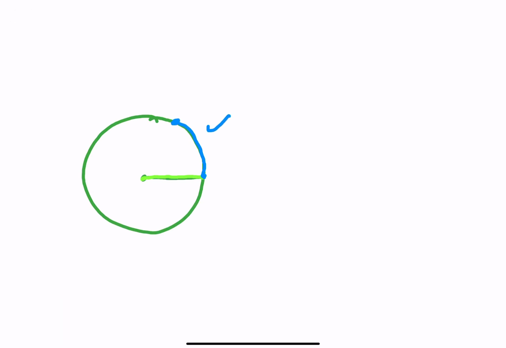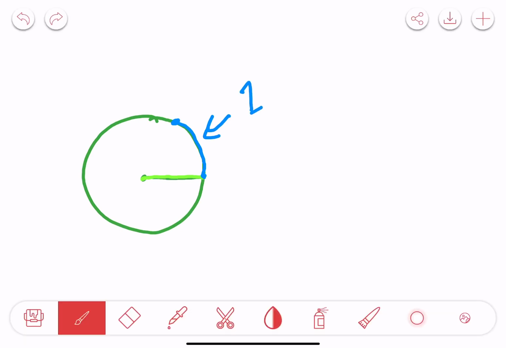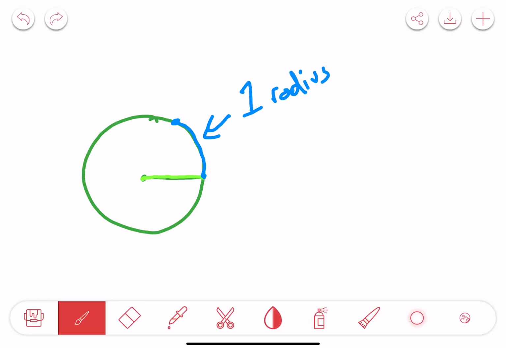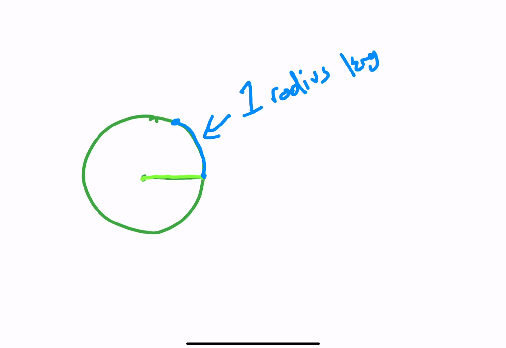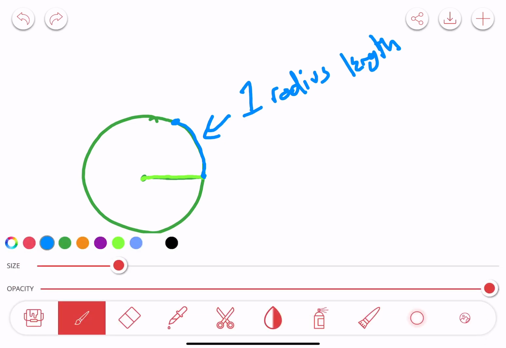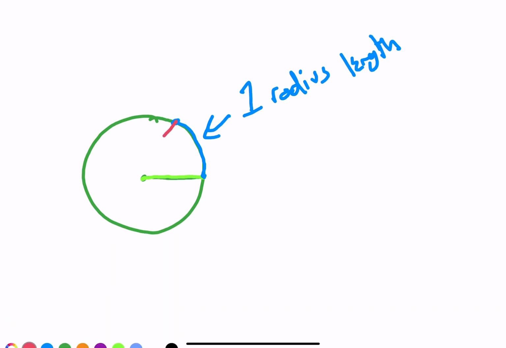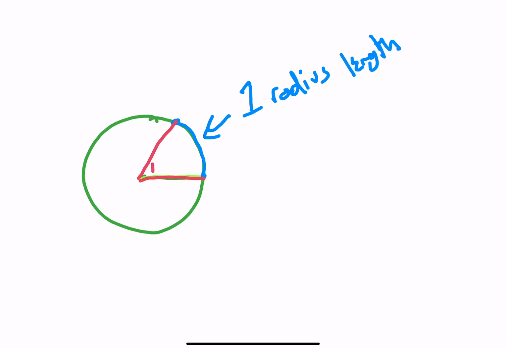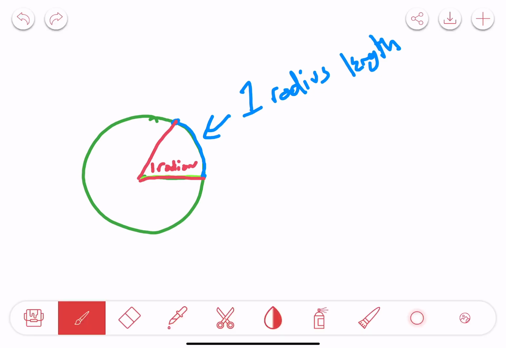So right there is 1 radius length wrapped around the edge of the circle. Now that becomes the intercepted arc for an angle that we call 1 radian.